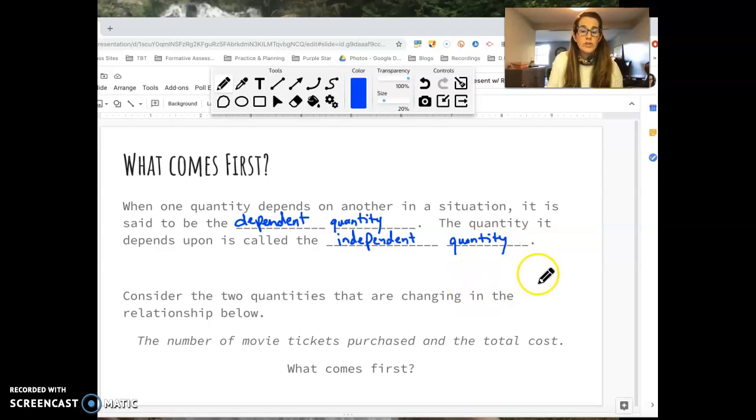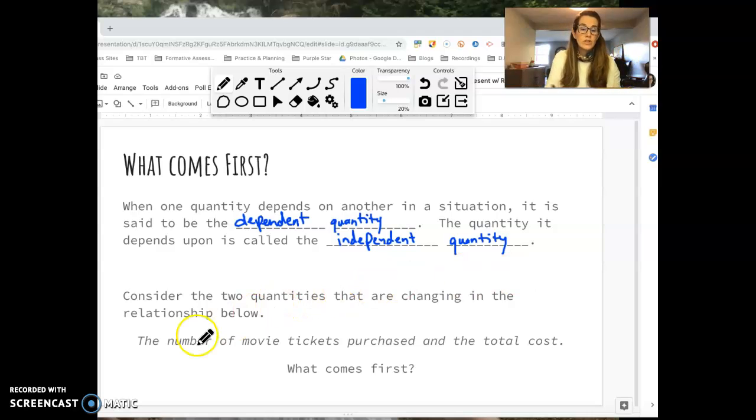Consider the two quantities that are changing in the relationship below: the number of movie tickets purchased and the total cost. A helpful question to figure out what is the independent and what is the dependent is asking yourself, what comes first? What is the thing that needs to happen no matter what? If you're going up to the counter to purchase your tickets, the first thing you have to do is tell the clerk how many tickets you want.